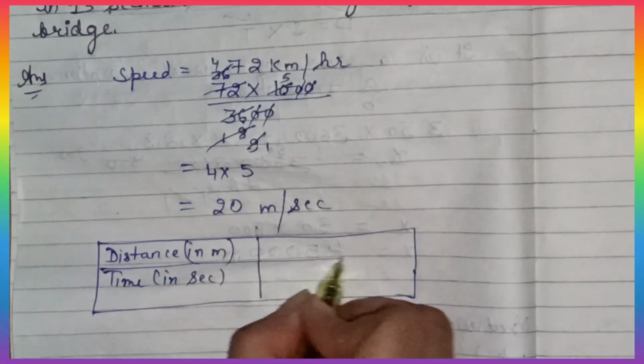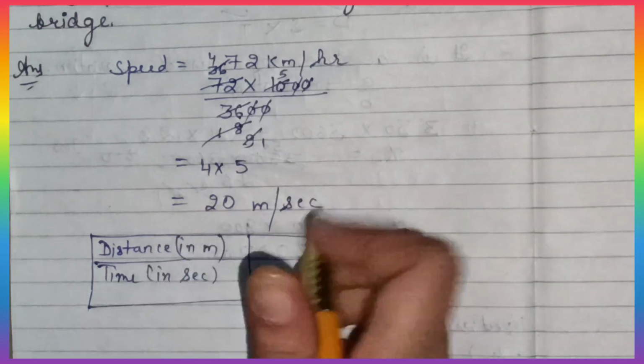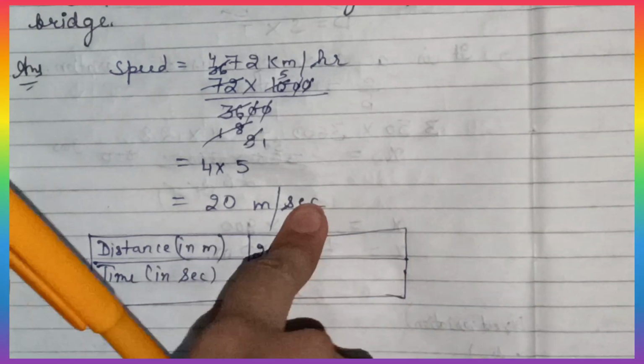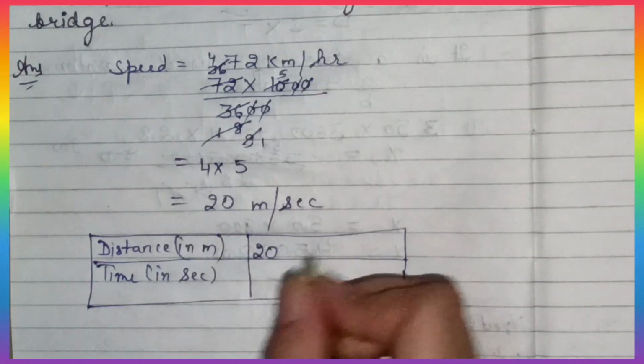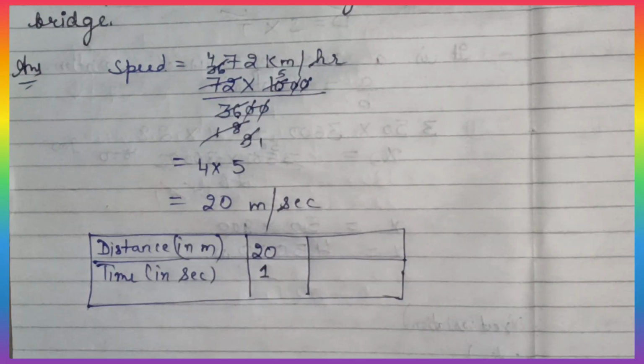The distance is 20 meter and the time is 1 second. Now we have to find the distance covered in 13 seconds.